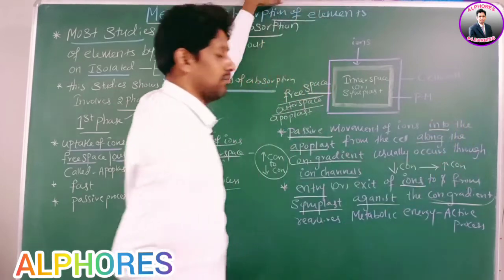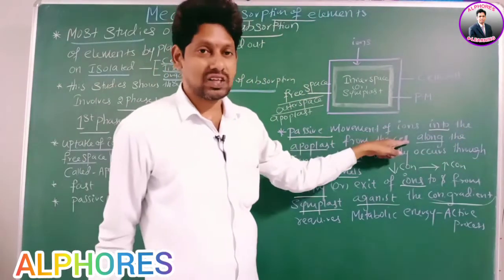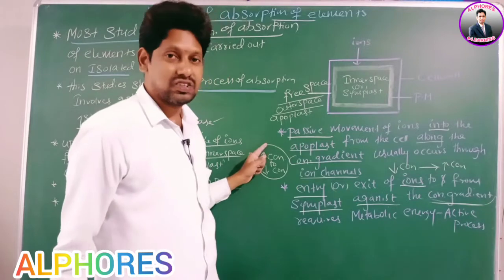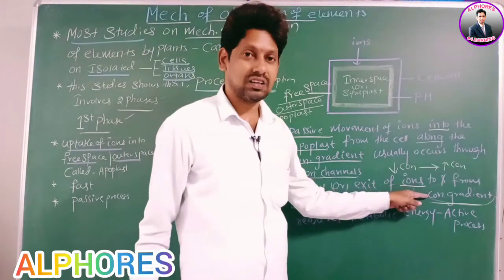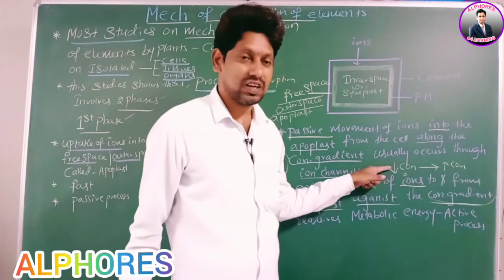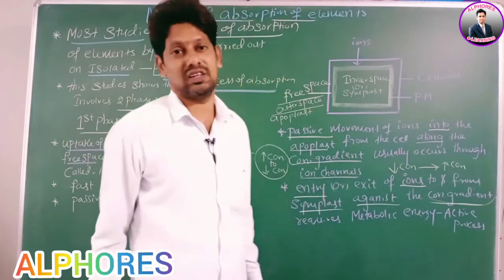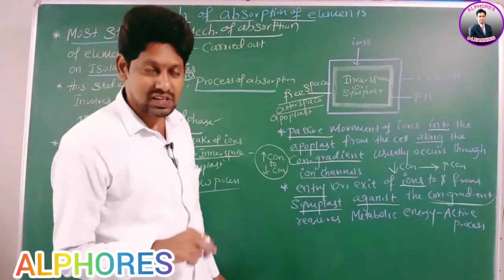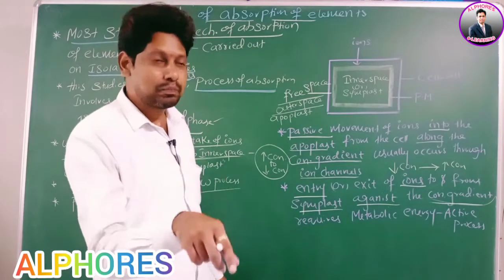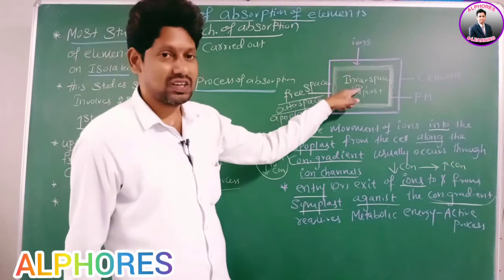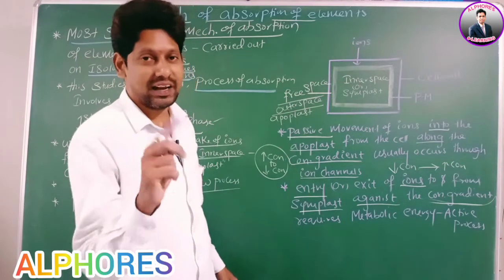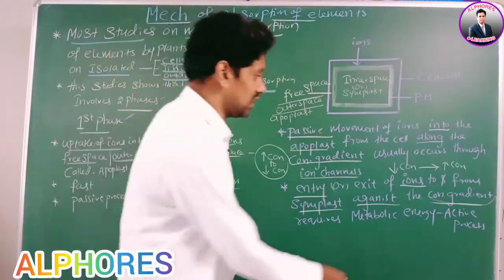Should be careful. Along the concentration gradient, higher concentration region to lower concentration region. Against the concentration gradient, lower concentration region to higher concentration region. Therefore, if ions enter into the symplast against the concentration gradient, then metabolic energy, ATP energy is required.